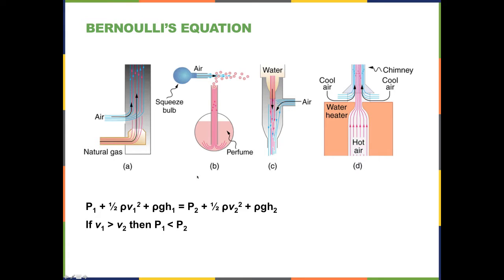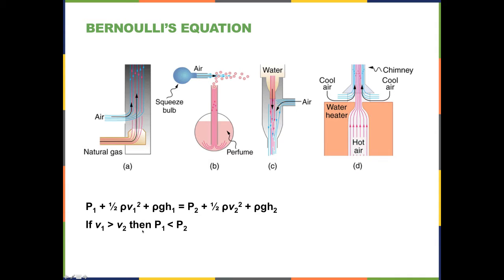Each one of these is similar situations to that. So if the velocity at point 1 is greater than the velocity at point 2, then the pressure at point 1 will be less than the pressure at point 2, because these other factors such as height and density are not changed. So you see the relationship here is if the sum of this and this are equal to the sum of this and this, if you increase this or this, then this ends up being decreased.